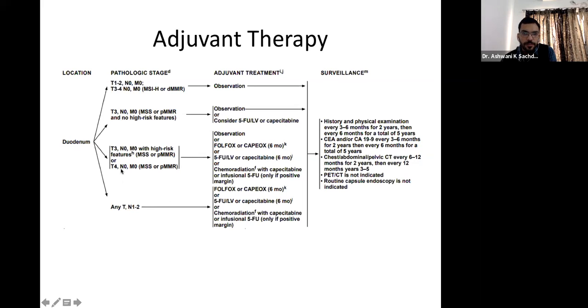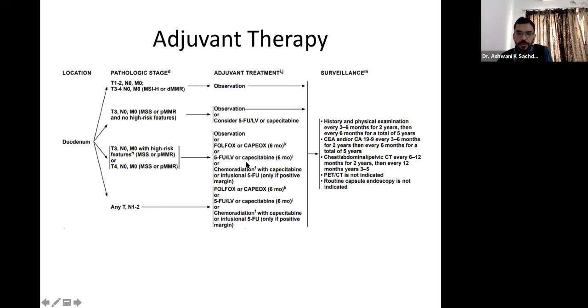And those with T4 disease and MSS can be considered for observation or FOLFOX or CAPOX chemotherapy, in line with colorectal cancer. Any node positive disease is to be given FOLFOX or CAPOX chemotherapy, or a single agent can be given, or chemoradiation in case of positive margins.